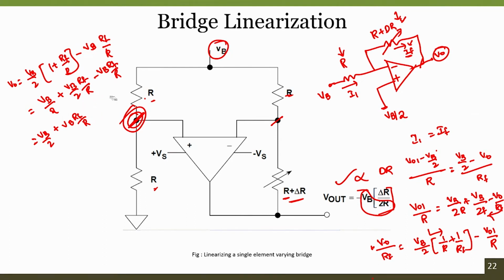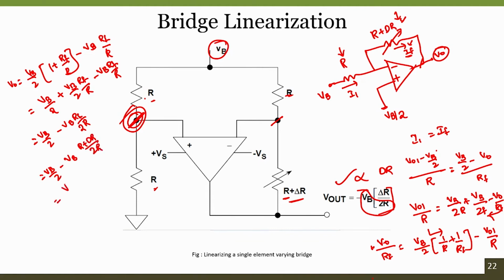So I can write this as VB by 2 minus VB into Rf by 2R. So what is Rf? We know Rf is nothing but (R plus delta R) by 2R.